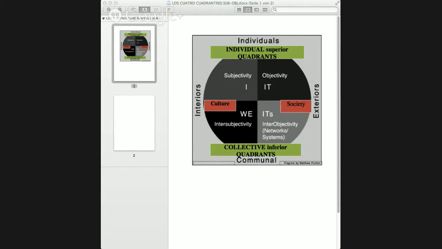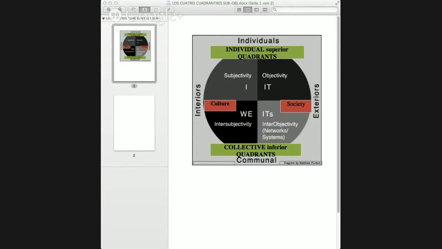What else? Beliefs, like we said, for example, all types of religious beliefs or intellectual beliefs, the positions in which philosophically I put myself, will also be in this upper left quadrant.